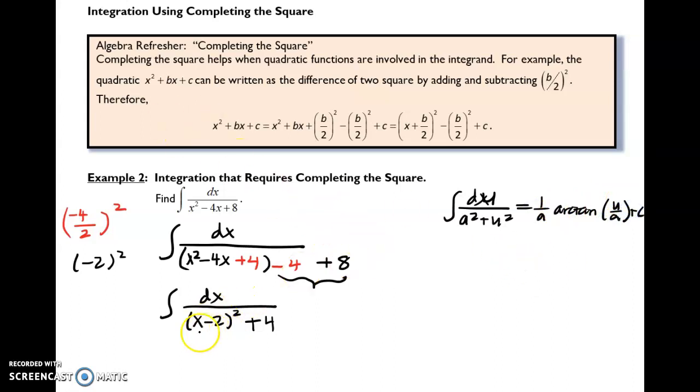And so my u is x minus 2. The derivative of that is just 1, so I don't have to formally write out my u sub. My a squared is 4, so my a is 2. So I'm going to have 1/2 arctan of x minus 2. Make sure you don't put that square on there, it's just the u part, over 2 plus c.